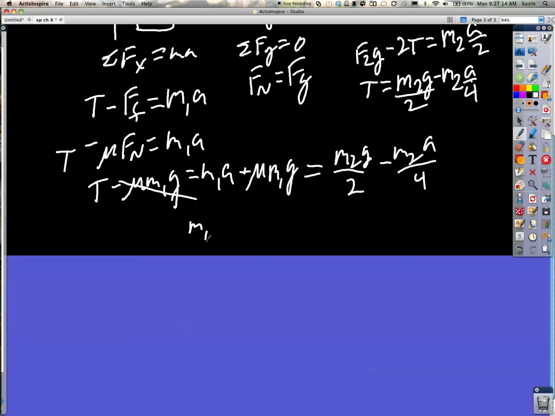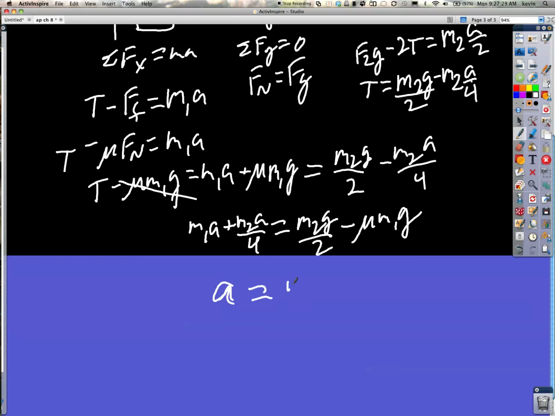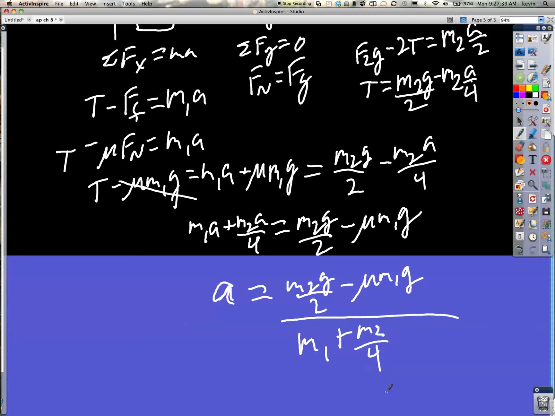I can say M1A plus M2A over 4 equals M2g over 2 minus mu M1g. Factor out the A, and I get A equals M2g over 2 minus mu M1g, all over M1 plus M2 over 4.